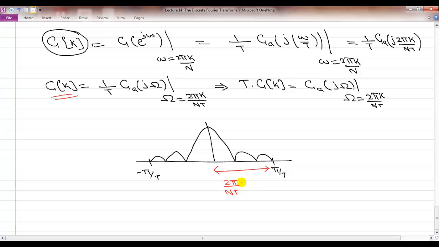So the gap between two samples is 2 pi over N T radians per second, or in hertz it is 1 over N T hertz gap between samples.